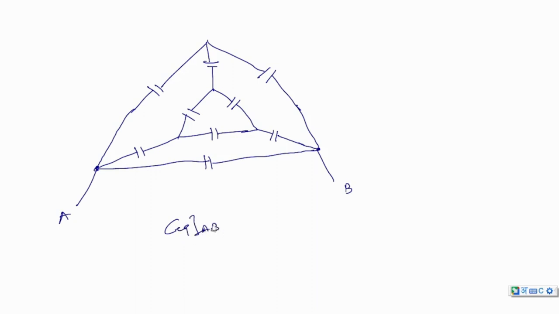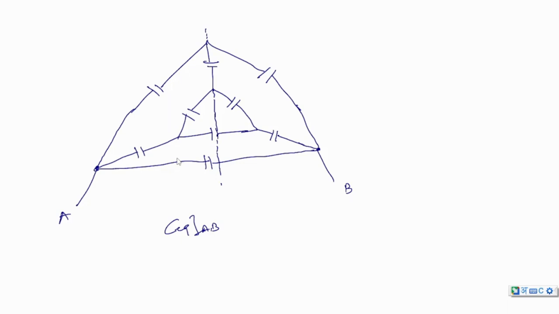So you can draw an axis of symmetry here. This is the axis of symmetry, because the left side is similar to the right one.